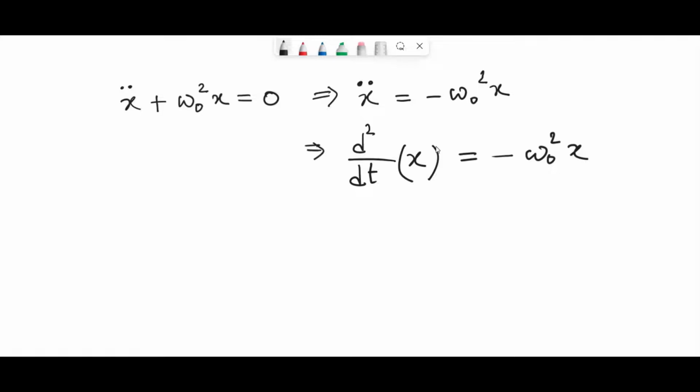So the candidates should be functions such that their derivatives give us the same function, and we do know this type of functions, and they're called the exponential functions. Precisely, d/dt acting on e to the power t gives us e to the power t back.